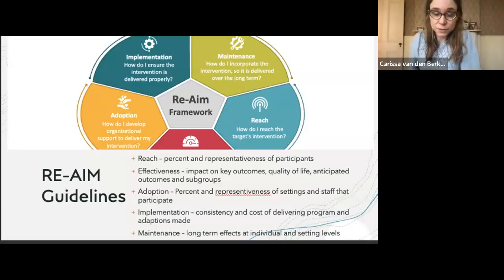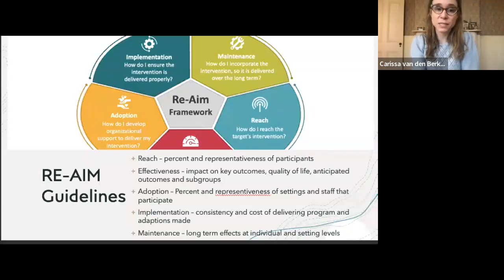Is it effective? Does the program produce robust effects across subpopulations? Does the program produce minimal negative side effects and increase the quality of life or broader outcomes? Adoption. Is the program feasible for the majority of settings in the real world? Can it be adopted by a low resource setting and typical staff serving a high risk population?